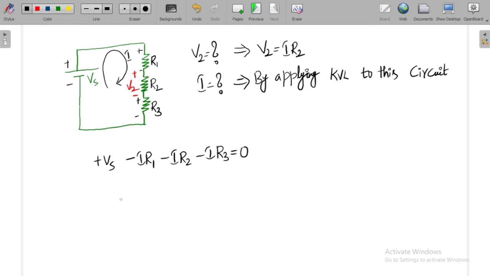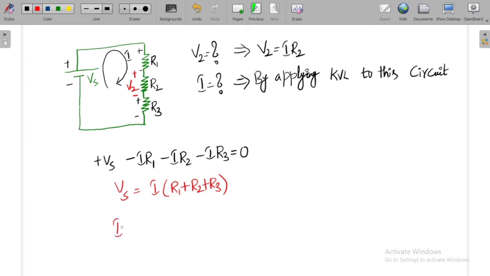And voltage drop across R3 is I times R3. All these are voltage drops as I am moving from positive to negative. So I considered them as negative terms, whereas for voltage source, it is positive. Now Vs can be written as Vs equal to I times (R1 plus R2 plus R3).